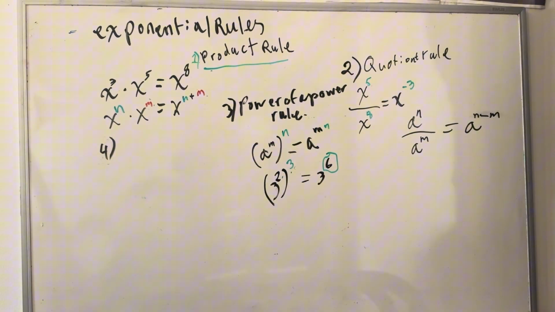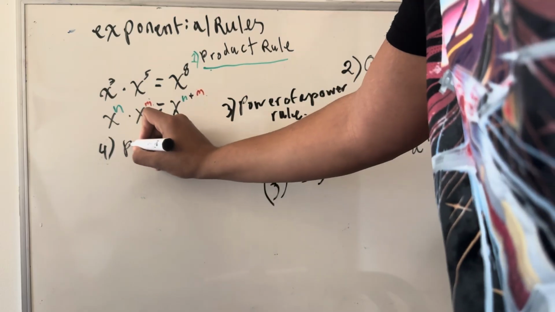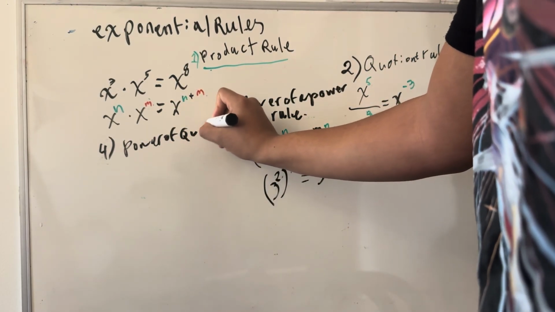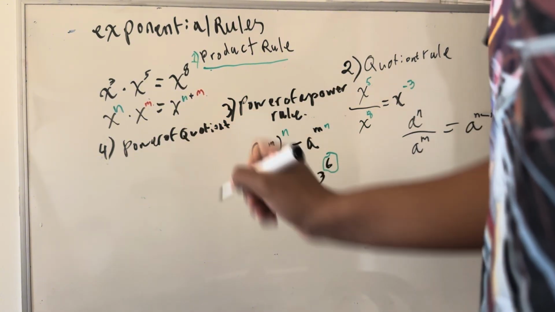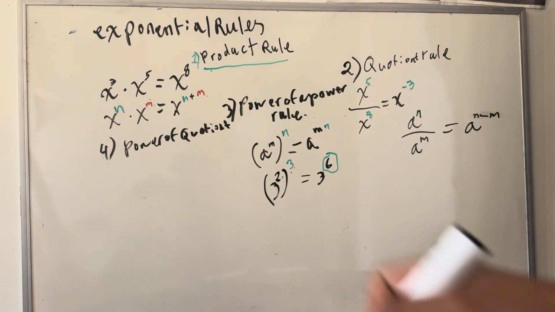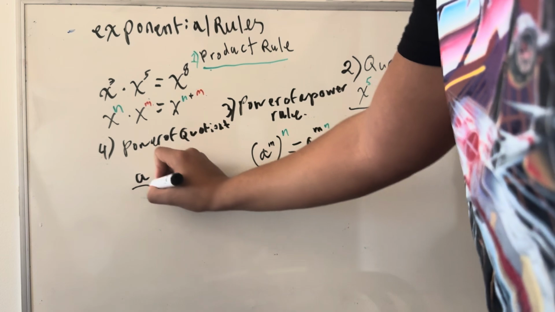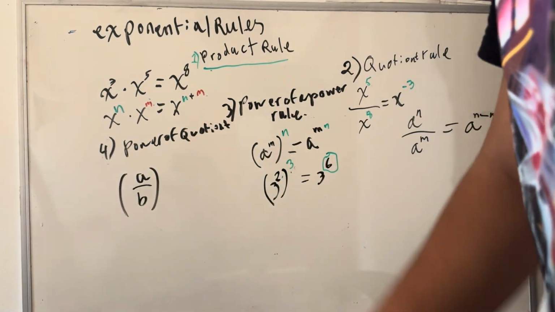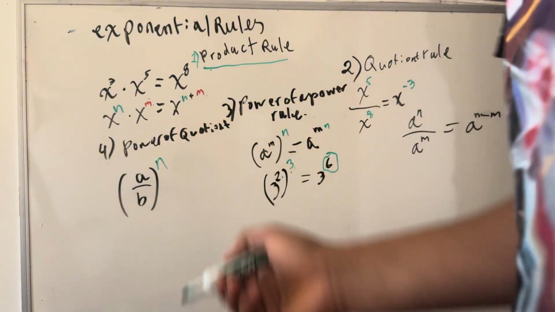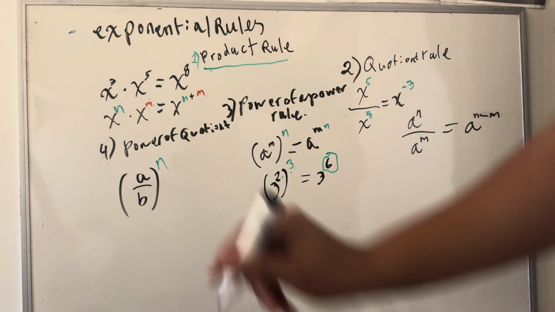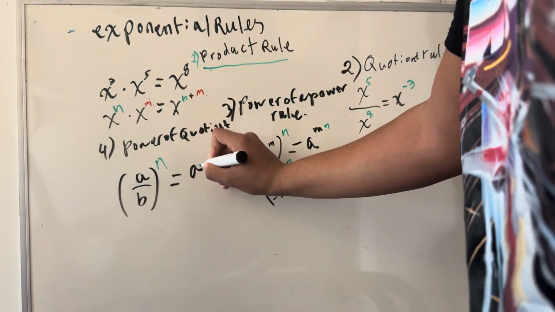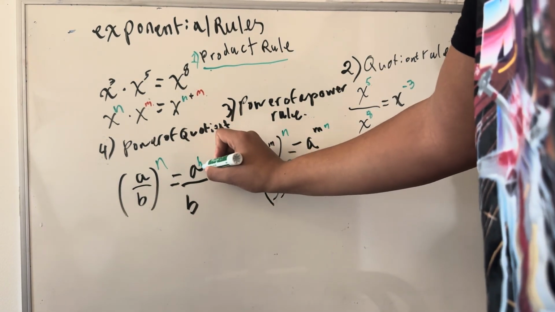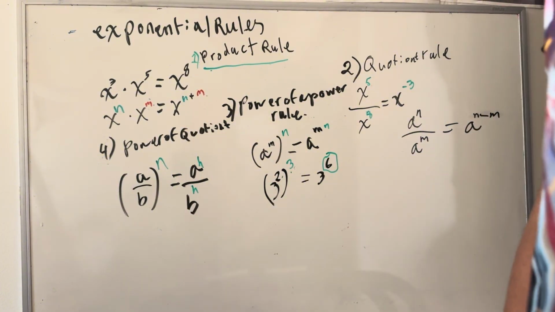Now this one, power of a quotient, essentially states that if you have a over b to the power of n, that just distributes to a and b, to the power of n, both.